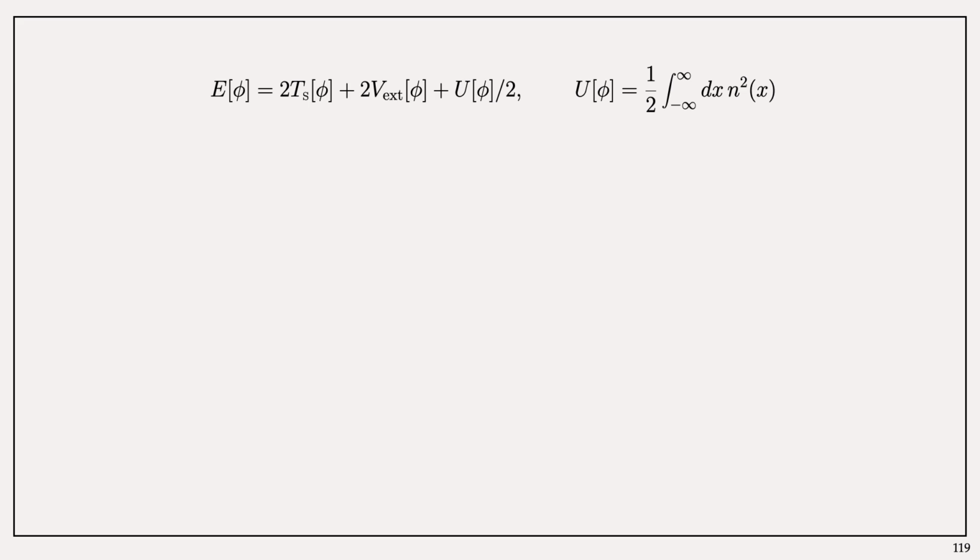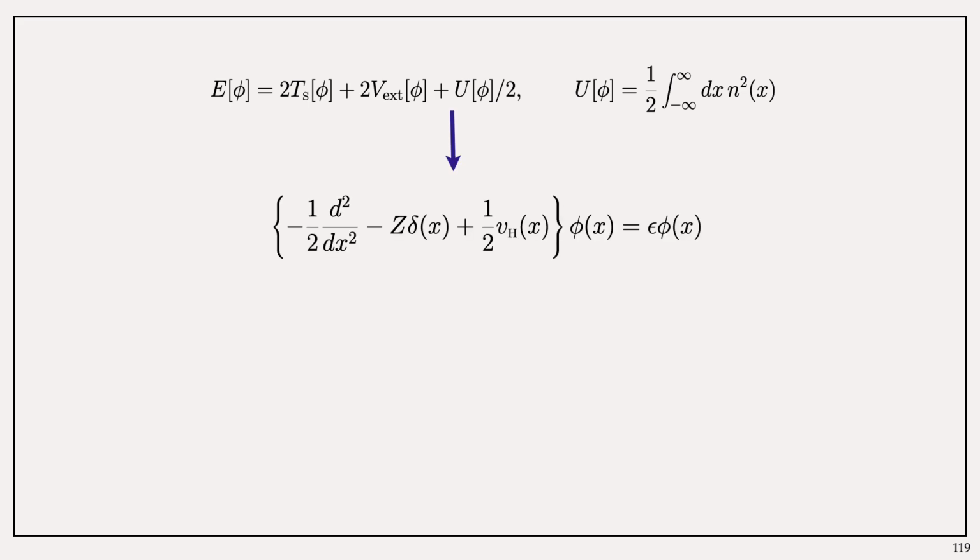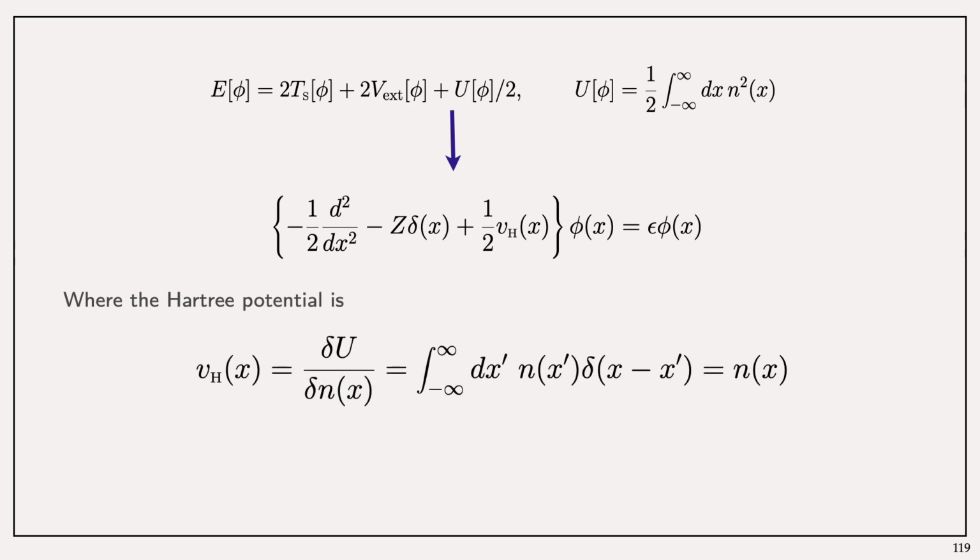So we can calculate this by using the variational principle, and this is what we've done already last week in lecture 2. The difference now is that we add a little term here, which is the Hartree potential. And the Hartree potential comes from the fact that the electron is actually interacting with the density of the other electron, right? This is what we obtain in Hartree-Fock. It's very nice. So the Hartree potential is actually given by this.